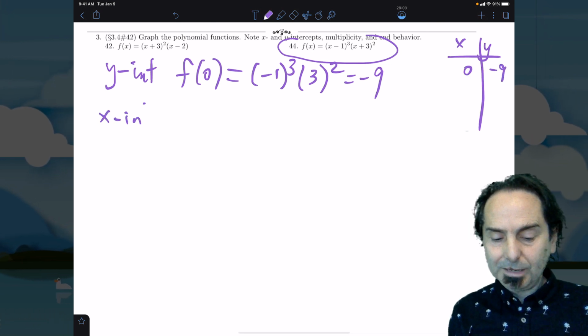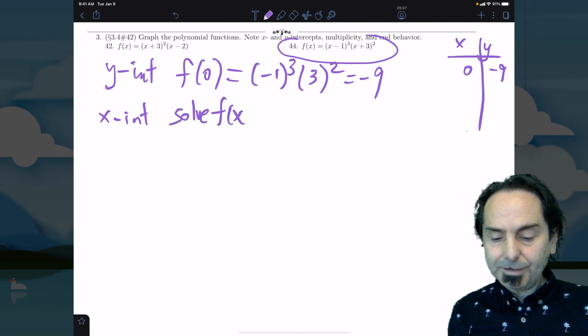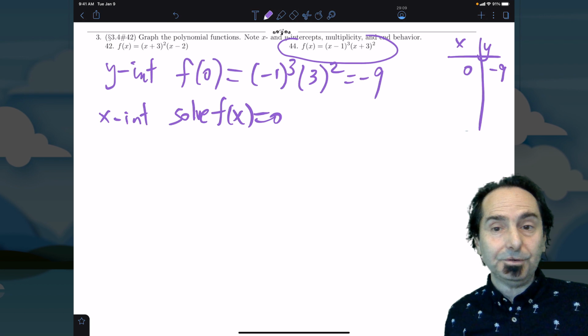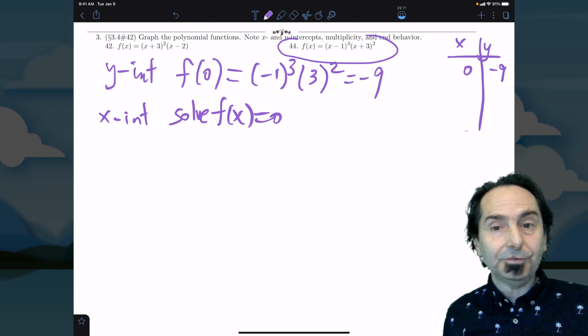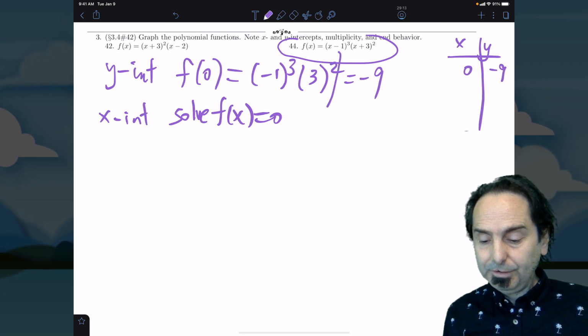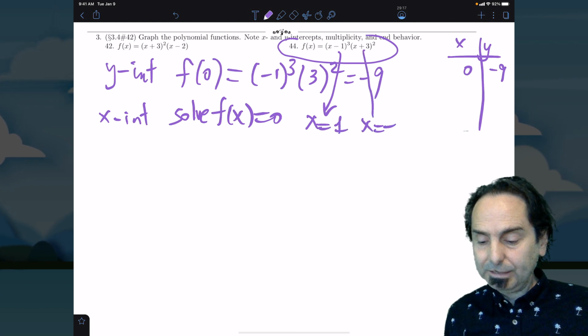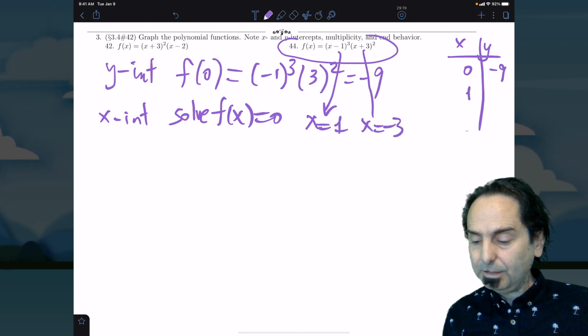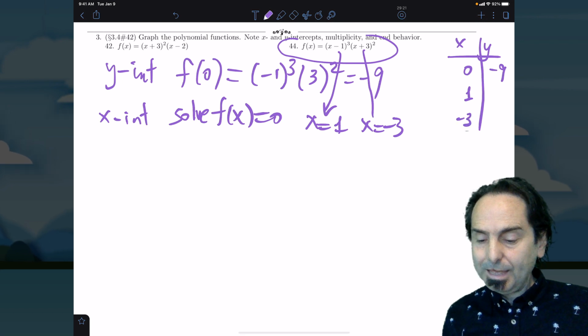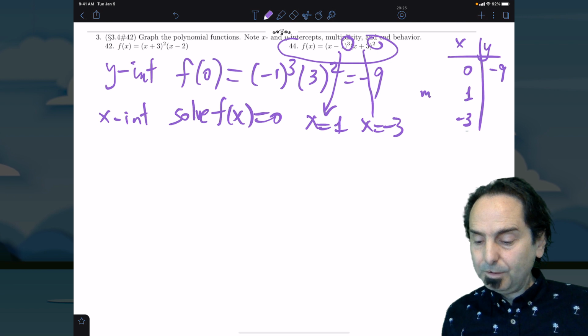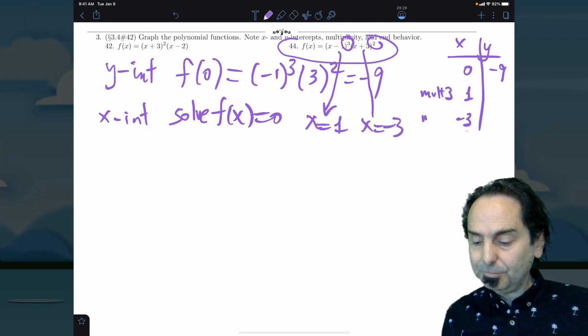For the x-intercepts, we want to solve f of x equals 0 because we want the output to be 0. Since it's already factored, you can see that x equals 1 and x equals negative 3 are those two zeros. The exponents tell you the multiplicity, so 1 has multiplicity 3 and negative 3 has multiplicity 2.